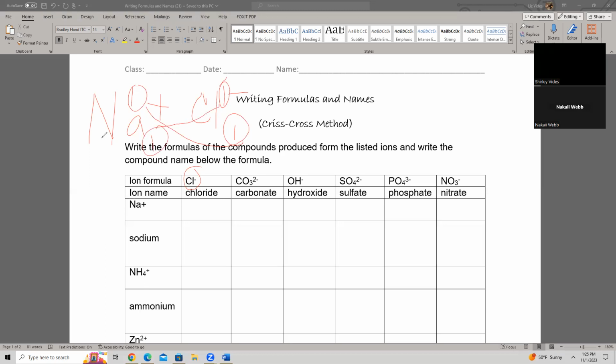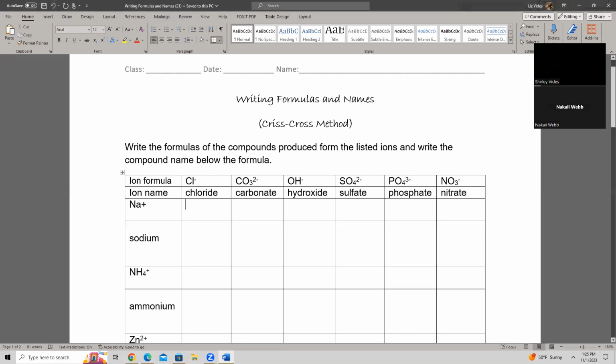So obviously this was unnecessary because this is NaCl and they're one-to-one. But that's the rules, okay? So let's clear this out. And now you know why when I put them together, I just go ahead and put NaCl. I'm just going to start typing directly in here. So NaCl. That's that one.